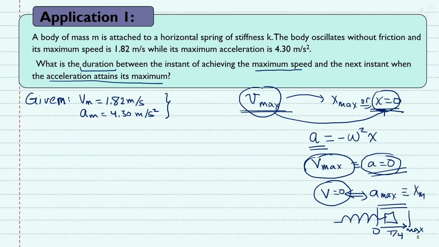Because the spring is going to go in a quarter of a period there, another quarter, continuing the other cycle in 2 quarters, giving 4 quarters or 1 period. So, moving from Vmax to the first time where a is max or v is 0, it is a quarter of a period. So we need to find the period to find a quarter of it.